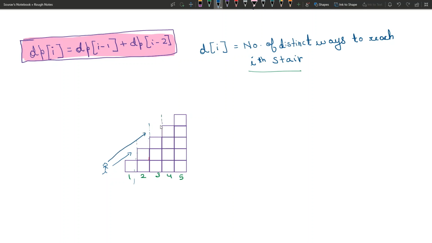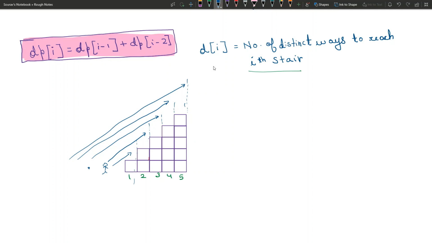Similarly, for step 3, he would have calculated all the possible ways from the very start. And for step 4 and step 5, he would have done the same thing, starting from the very start. This would have been a naive way, and this would have increased the time complexity also.